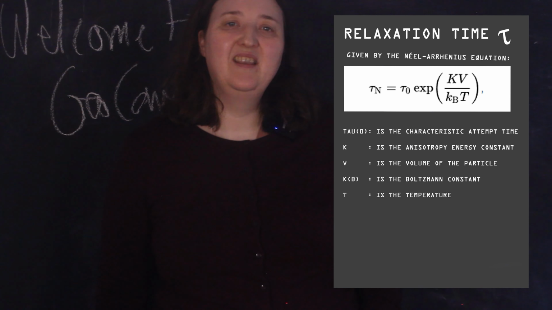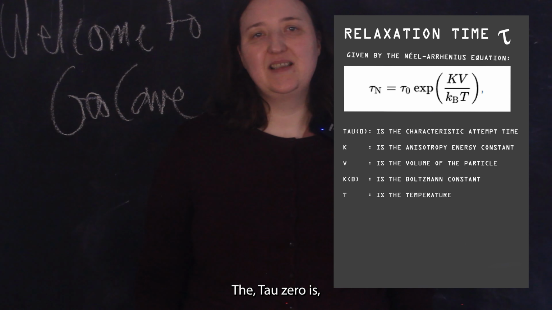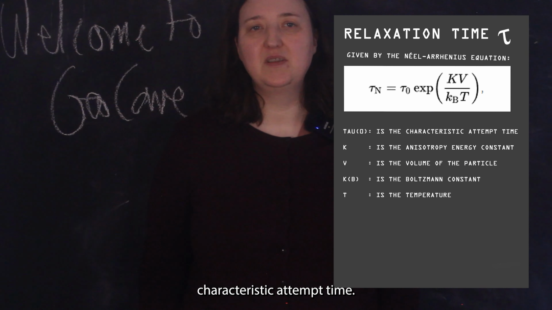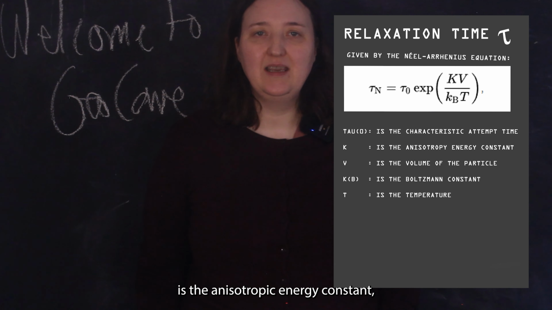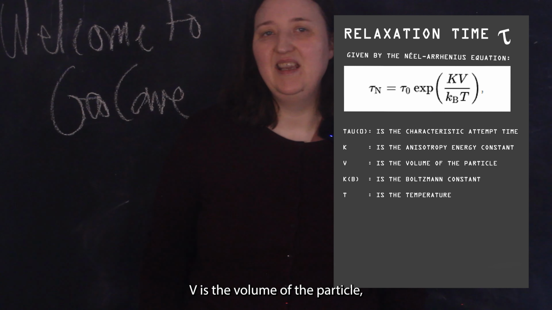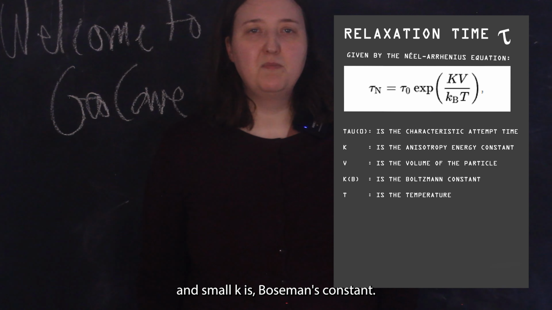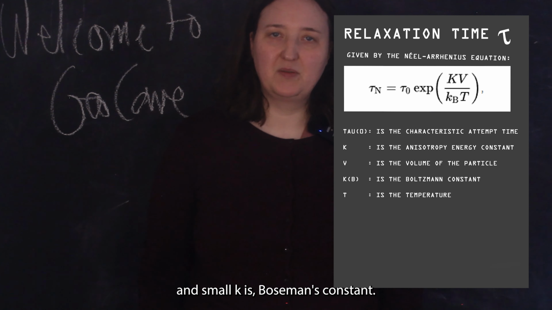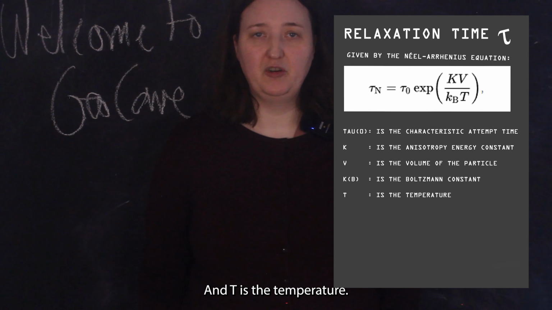And tau 0 is the characteristic attempt time. Big K is the anisotropy energy constant. V is the volume of the particle, small k is the Boltzmann constant, and T is the temperature.